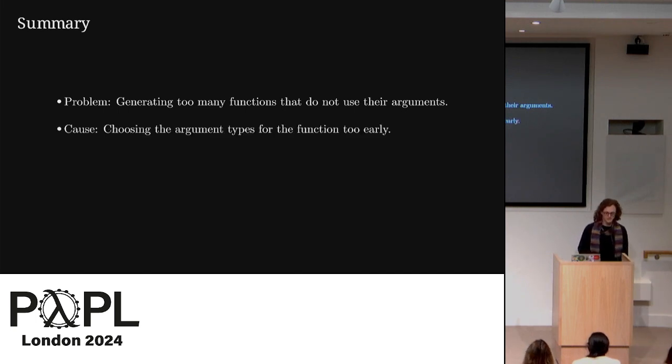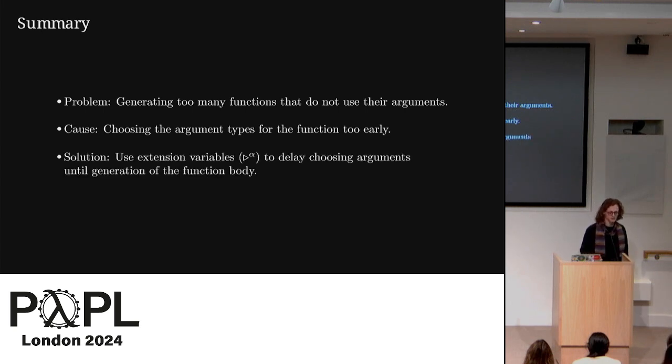And the root cause of this is that the prior art had a limitation where it is choosing the types for the functions too early, before it knew what was actually going to be useful inside the body of the functions. And our solution was to use extension variables to allow us to define an extension operation where we delay choosing the arguments until we are actually generating the bodies of the functions.